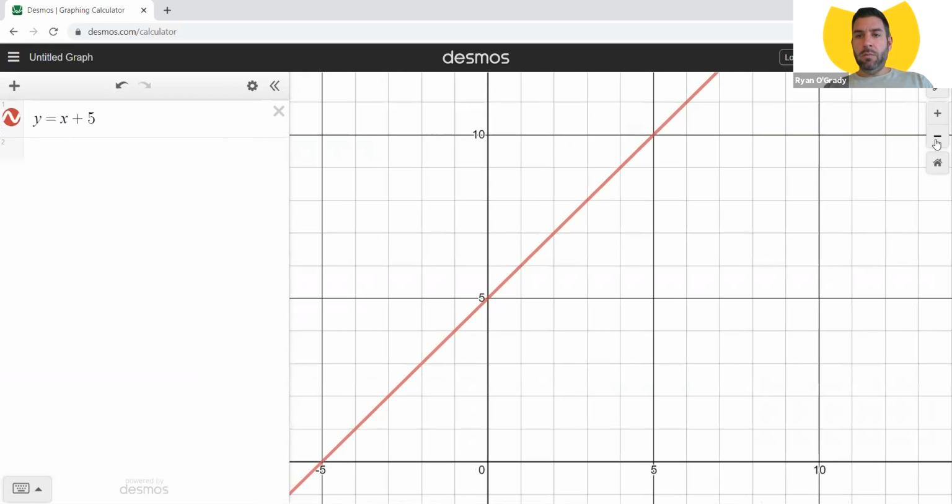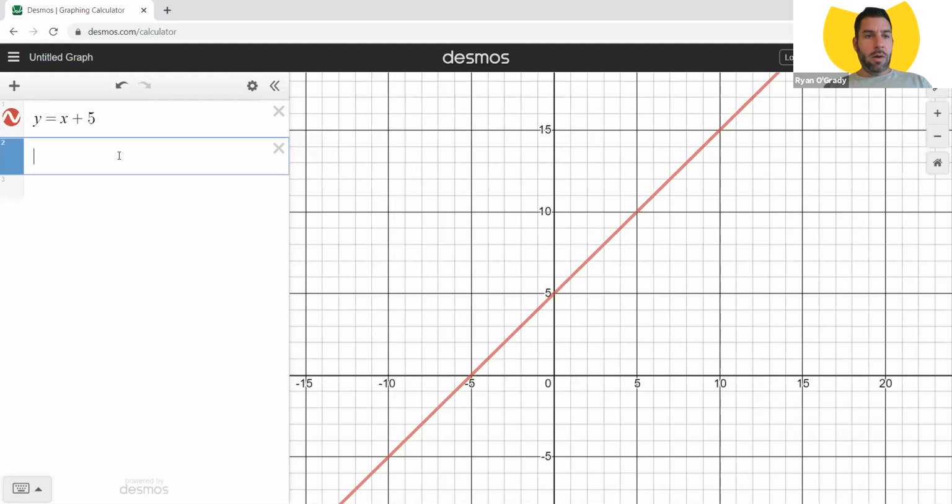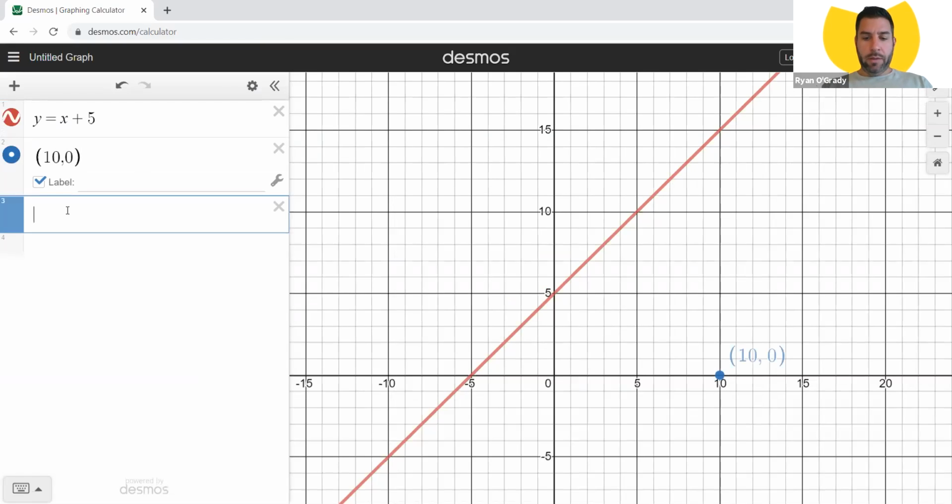I'm going to zoom out a little bit. And then what are the operative points? The operative points we're looking for are 10, 0, which is right there, and then I'm also looking at the point 5/2. And what is the corresponding point?